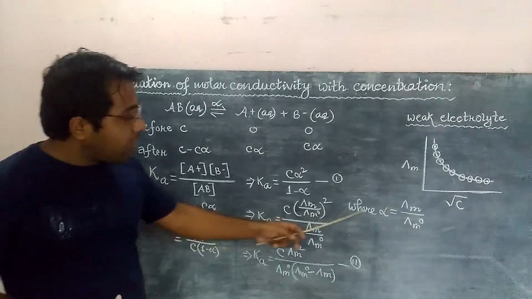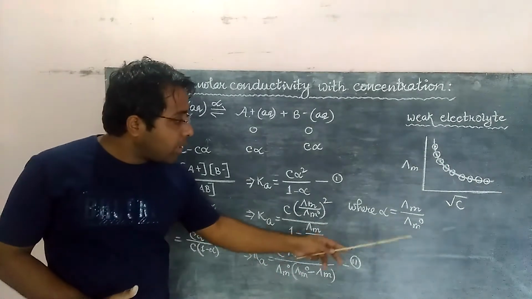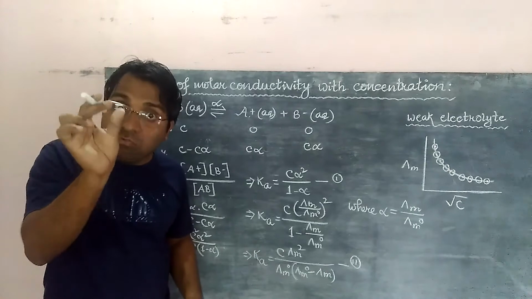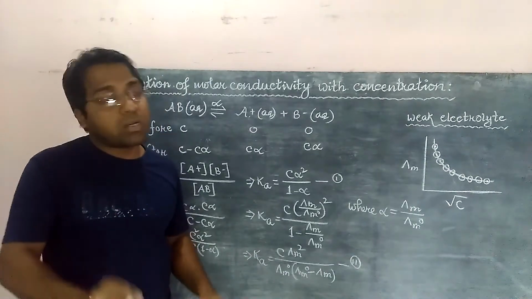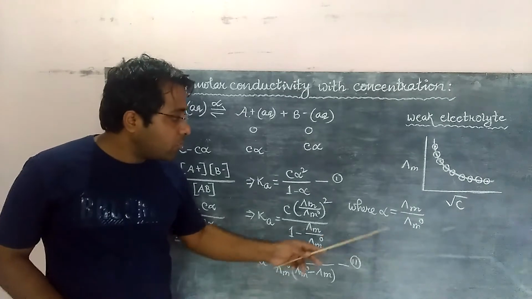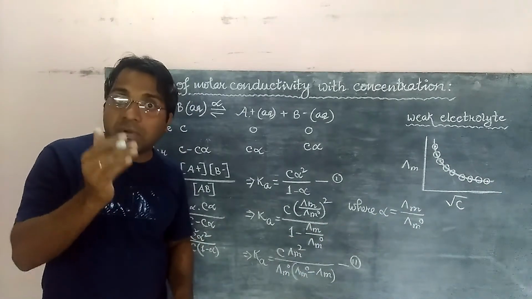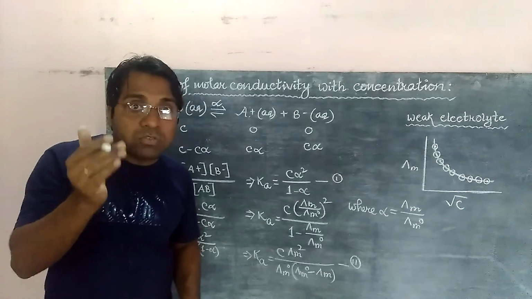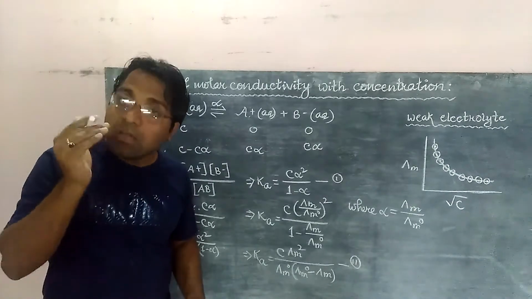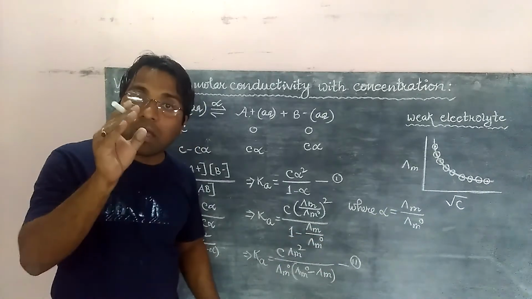So here alpha may be considered as lambda m by lambda m naught. Lambda m naught means the maximum value of the molar conductivity, and lambda m has some definite value. So both these are related with alpha, because alpha depends upon the degree of dissociation, that is the number of ions undergoing dissociation. So we may consider alpha equal to lambda m by lambda m naught.